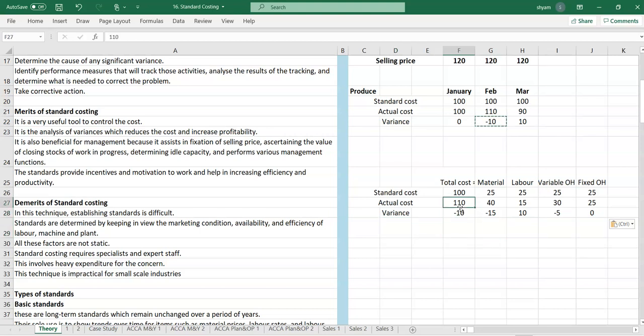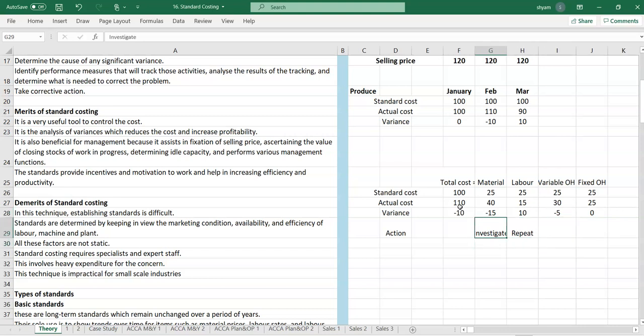If they just find out that the standard cost and actual cost are differing, they don't know where it is increasing or where it is decreasing. But when you give a table of the split between the materials as well as standard cost and actual cost, it pinpoints where the problem is. Once they know the problem, they can take action. In material, they have to investigate why the cost has gone up. In labor, they have to investigate and repeat the success, because they have got a favorable variance, so that next month the same thing repeats.